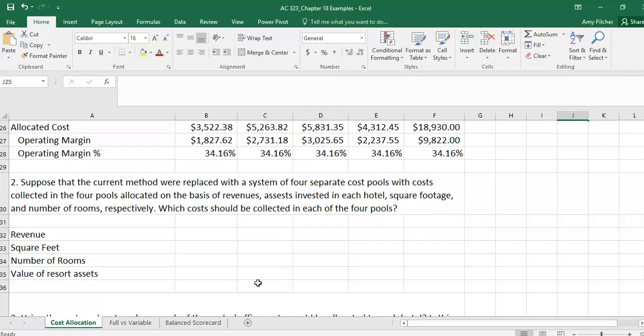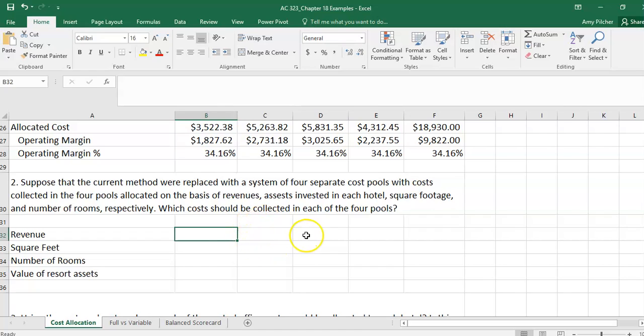So there's no exact perfect way to do this. What I'm going to go through is the textbook solution, but the textbook solution also says that this could be argued in a multiple of ways. So first we'll look at which costs are attributed to revenue.